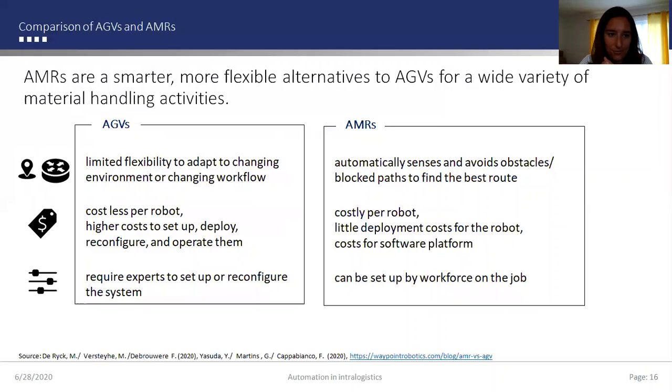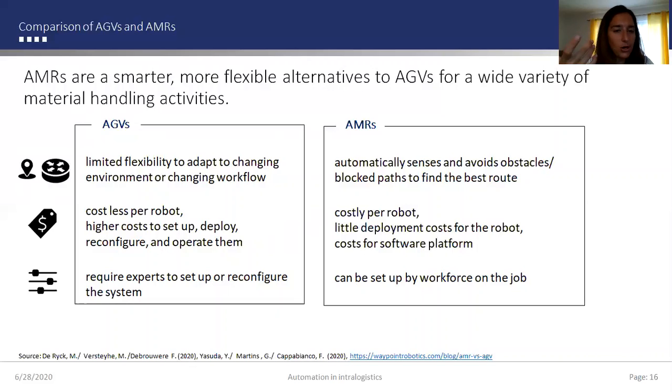If there is something on the floor, for example, maybe you left a big package with material on the marked line, the AGV stops.